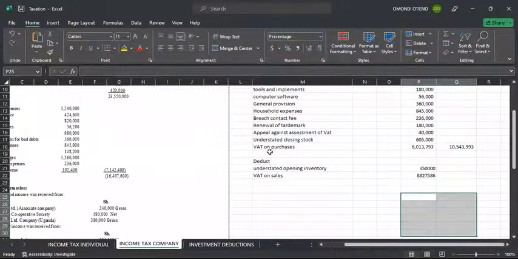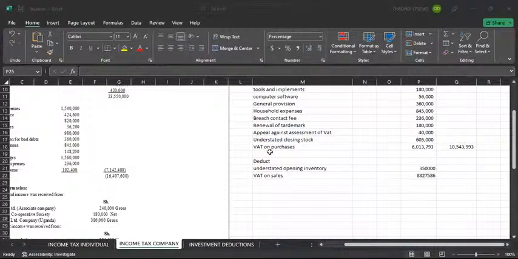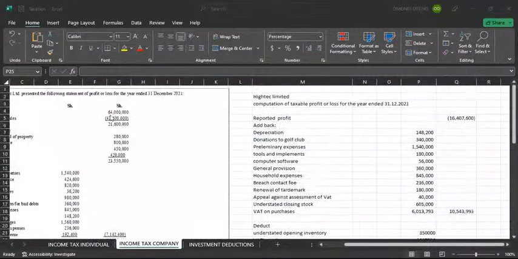We said VAT on both purchases and sales are not supposed to be recognized as sales, and also they are not supposed to be recognized as expenses. So any VAT that is there should not be used to reduce or increase your taxable income. As you can see, our sales up here has got VAT, which means it is exaggerating. It is increasing our gross profit. So we have to remove it.